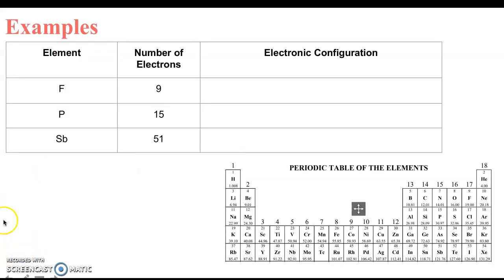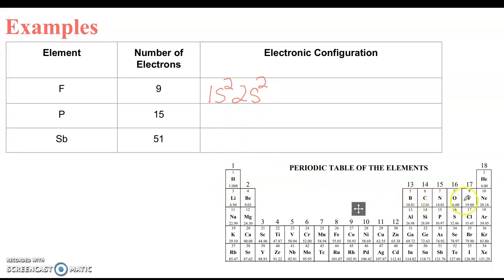All right, I've reconfigured this just so I can better show you what I'm doing. Fluorine has 9 electrons, so I'm going to start in the 1s, and I have 2 electrons in the 1s. I move on to my second period, or my second shell. I'm still in the s block, and I have 2 electrons again.